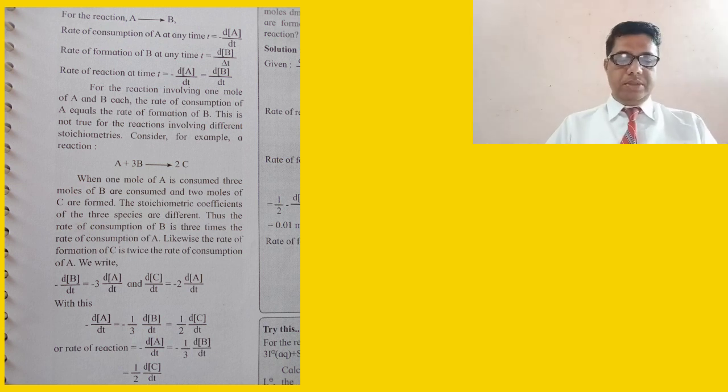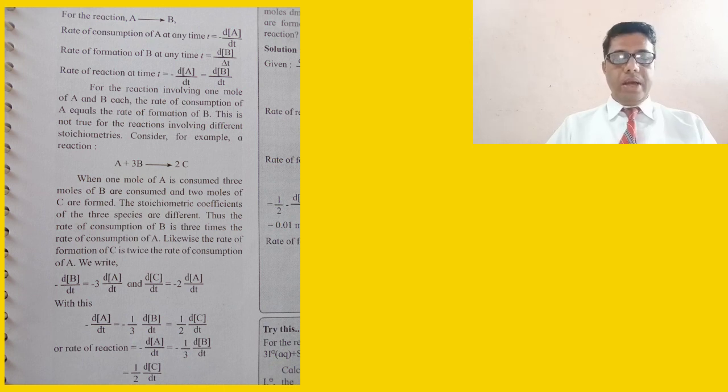Then the second equation, the change in concentration at an instant of time: dC by dt is equal to minus 2 dA by dt. The rate of formation of C is twice the rate of consumption of A.